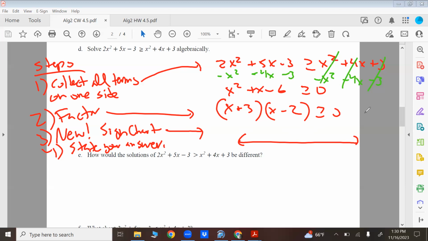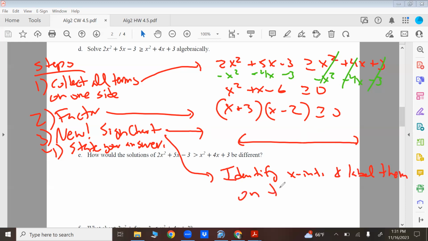What you want to do when you make the sign chart is identify the x-intercepts and label them on the number line. So what are the x-intercepts here? Perfect, good.